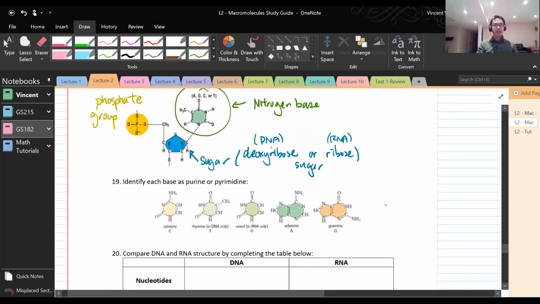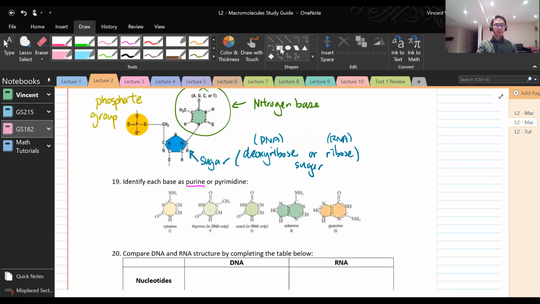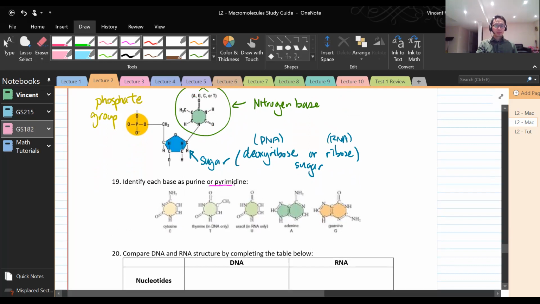Identify each base as purine or pyrimidine. Okay, so these 3 here, these are the pyrimidines. Pyrimidines have 1 ring in their structure.